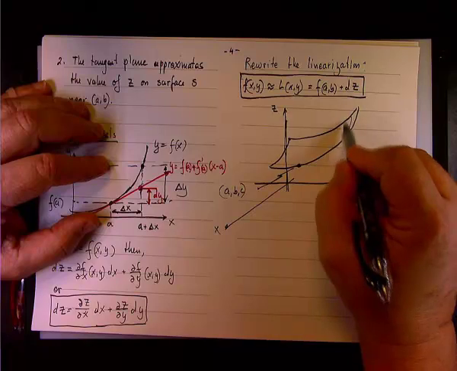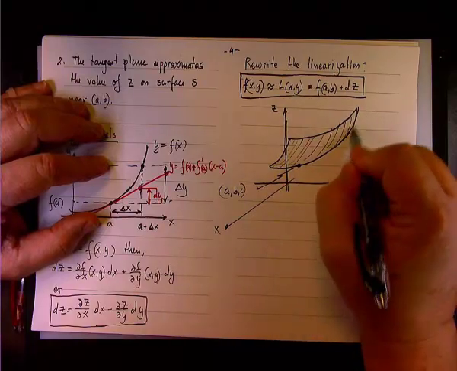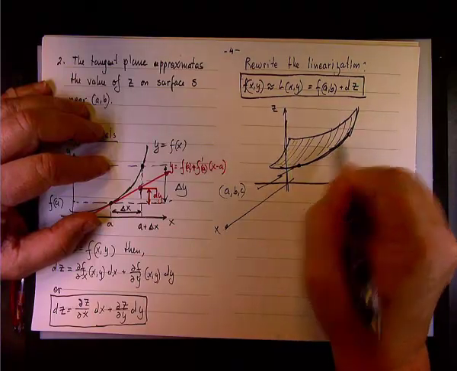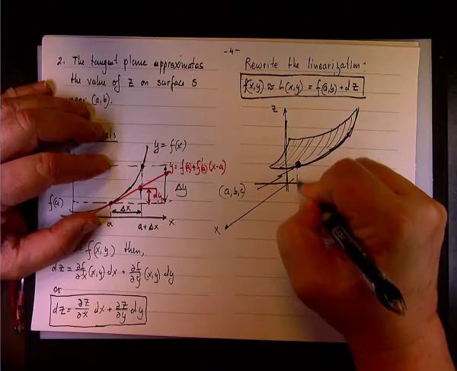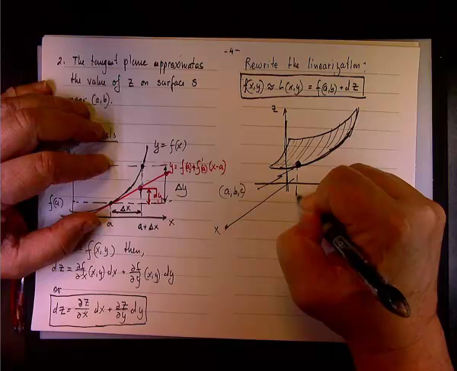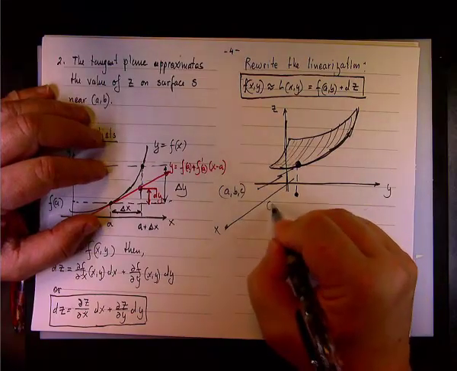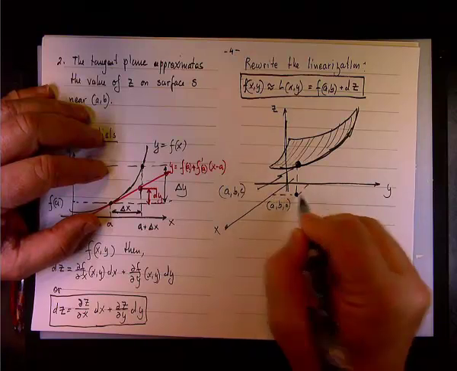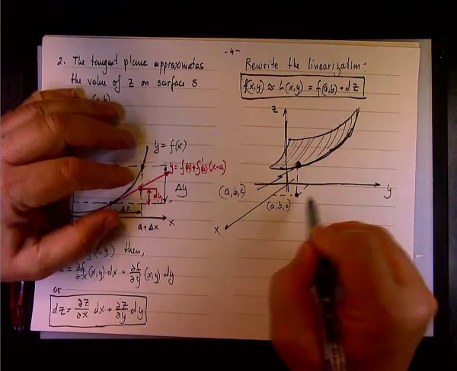I'm sorry, did I say plane? I meant surface. I went from plane to curve to surface. So there it is, this particular point. I'll project it on the xy plane, so this will be a, b, and 0, like so.